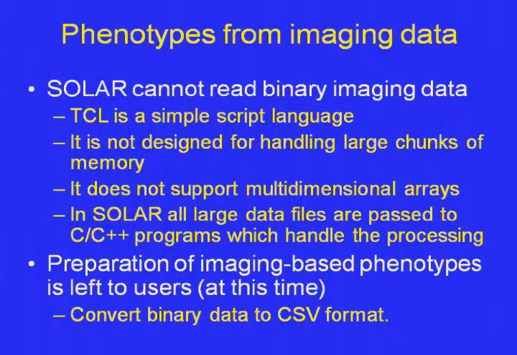In fact, it hardly supports unidimensional arrays. In Solar, all large files are not handled by TCL, but directly passed to underlying high-performance programs which handle that type of processing. Therefore, at this stage, the preparation of imaging-based phenotypes is left to us, the end users. So it's now up to us to convert the binary data to the CSV format.